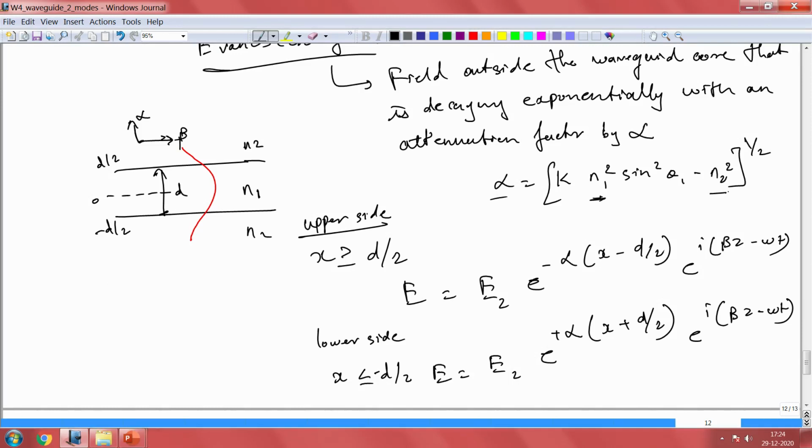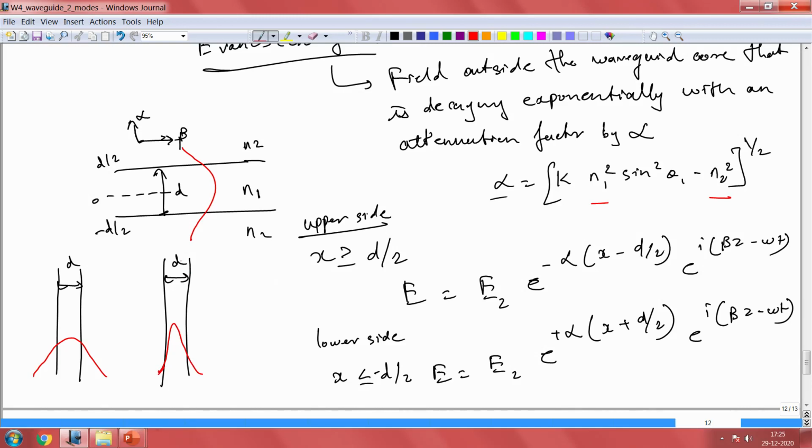So, if you want your wave to be highly confined, let me draw that. There are two waveguides, let us say, of the same thickness, but in one waveguide you have a field like this, and for another waveguide you have a field like this.